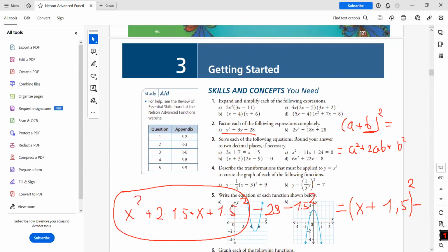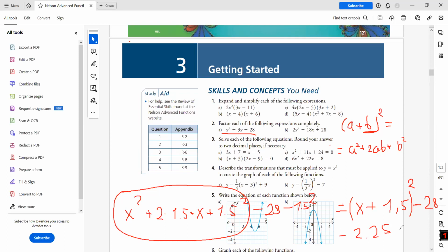And let me use my calculator. So 1.5 squared is 2.25. So x plus 1.5 squared minus 28 minus 2.25.